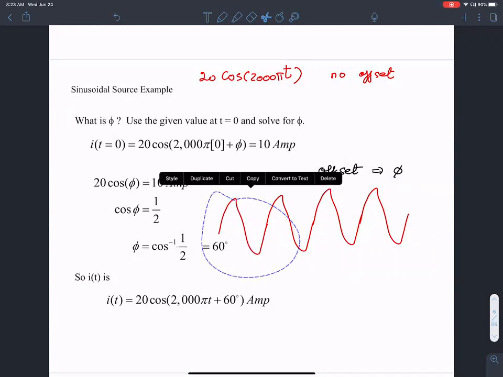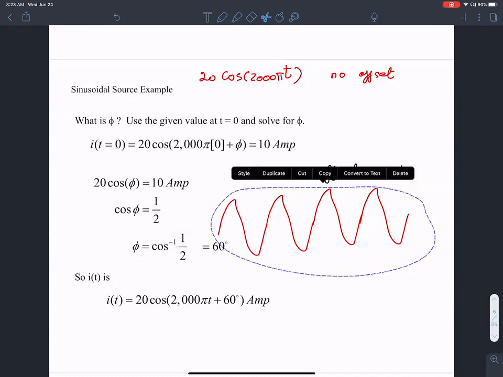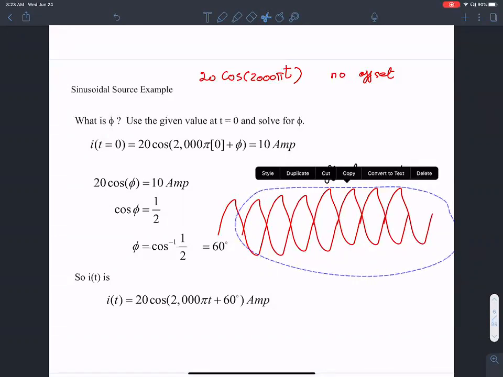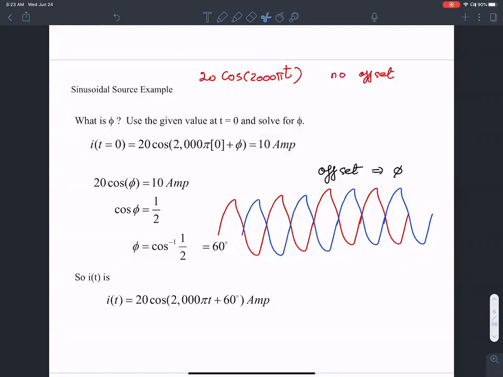If I were to shift it by 90 degrees in time, just move it to one side, to the right or to the left, so that when the bottom peak of the red wave happens, the blue is experiencing a top peak, it's offset by 180 degrees out of phase. That's all there is to the idea.